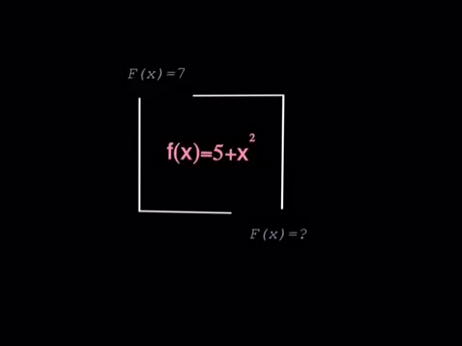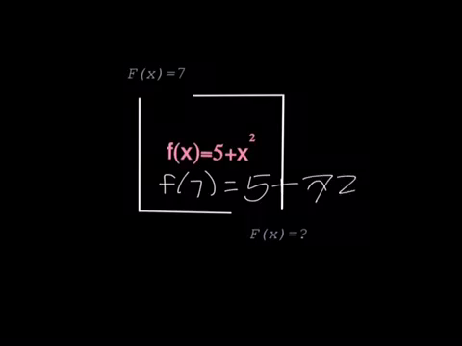So f of x equals 5 plus x squared. We know the input is 7, so we just have to find the output right here again. So f of x, we're going to replace that with f of 7 equals 5 plus x, or you can replace it with 7 to the second.